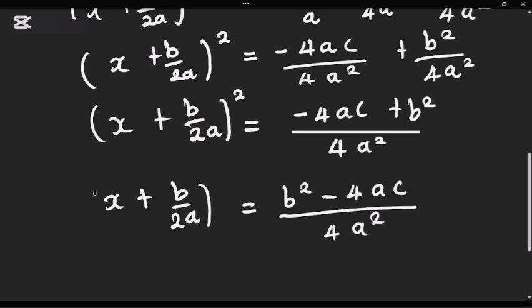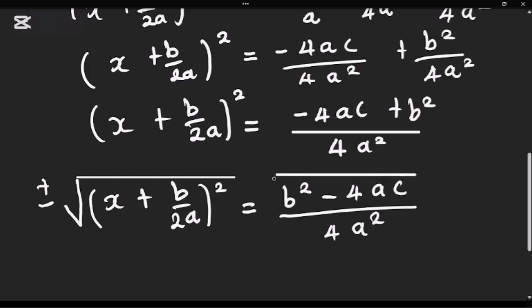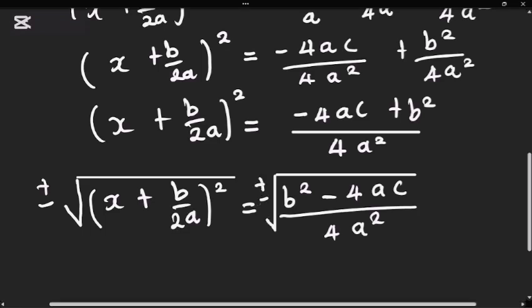Now we can introduce our square root, and we know that the square root is positive or negative. So on our left hand side, the square root will cancel with the power 2, which will give us x plus b over 2a equal to the giant square root of b squared minus 4ac over 4a squared.